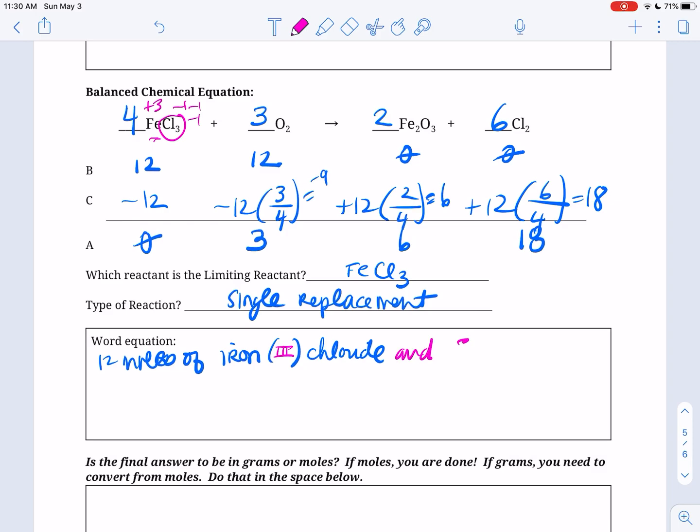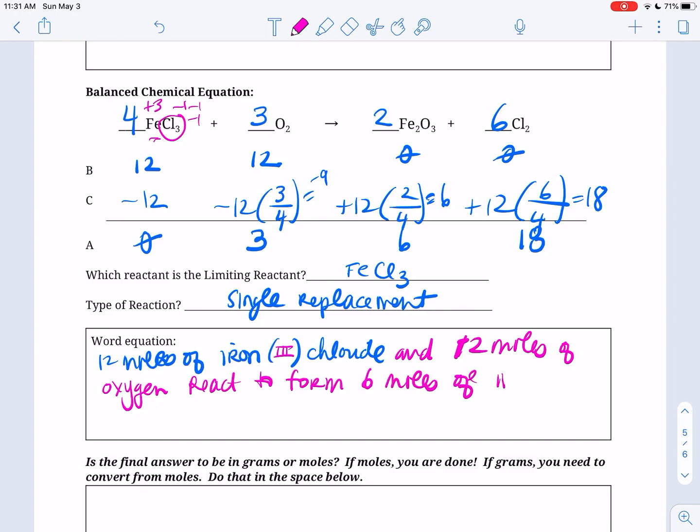Okay, and 12 moles of oxygen react to form 6 moles of iron 3 oxide.